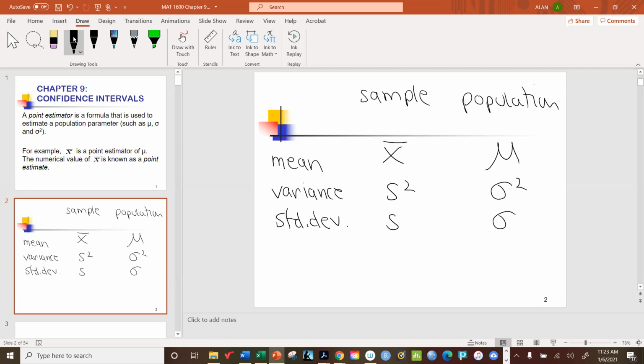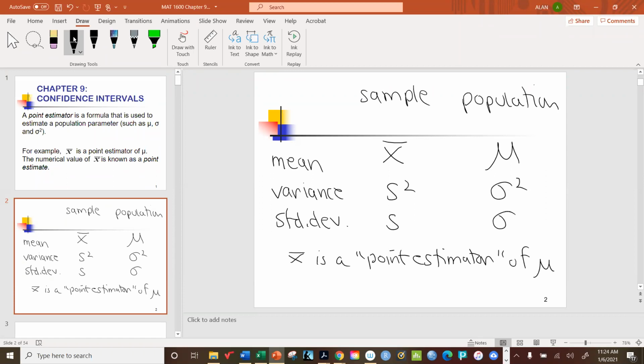But what we're going to mention here today is that these sample measures are formulas. These on the right are basically considered to be constants because we know what they are. In other words, whatever the population mean is, that is a specific number. So what we would say here then is that x bar is known as a point estimator of mu.